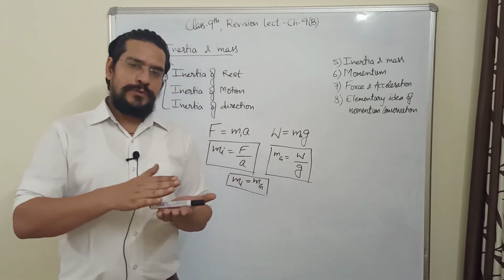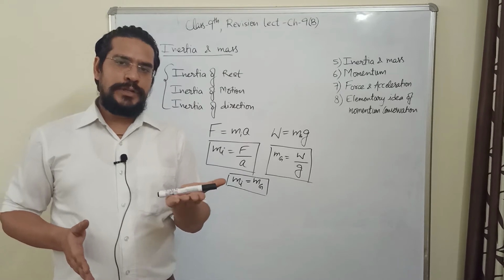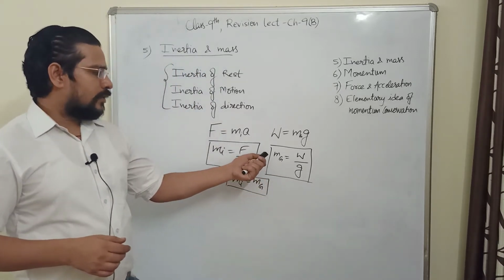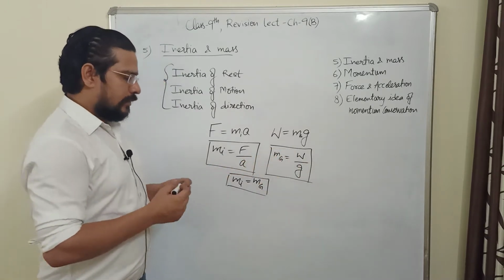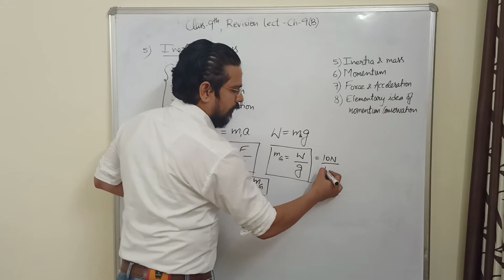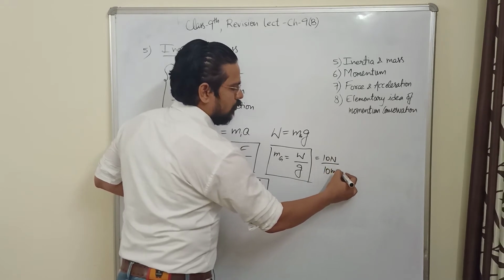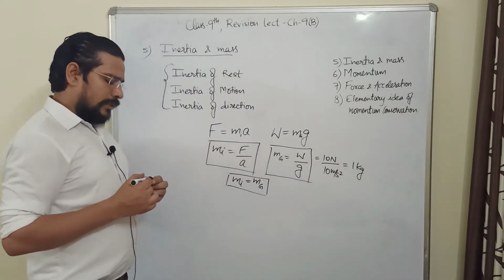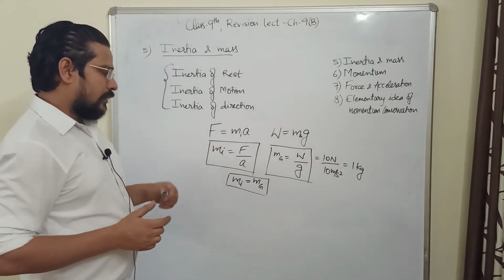So 10 Newton force is required for keeping the 1 kg object in its position. By this definition, the weight is 10 Newton, acceleration due to gravity is 10 meter per second square, and the gravitational mass is 1 kg. How come this mass is compared with inertial mass?